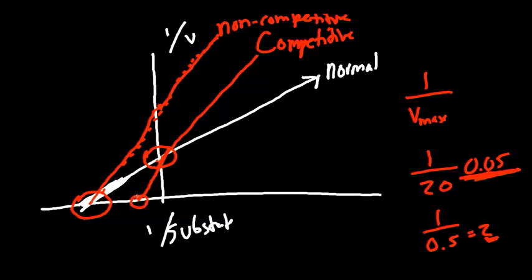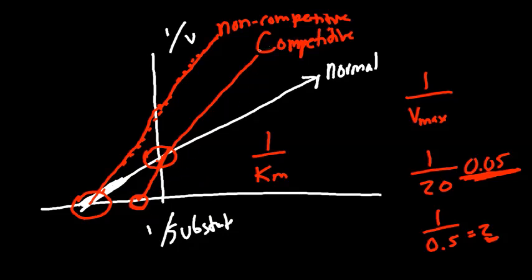Our Km just got smaller. Dealing without negatives, we're going to get rid of the negatives, because in that equation, 1 divided by Km, since we have a negative x-intercept and a negative here, we're just going to get rid of those negatives because that'll get rid of some of the confusion.